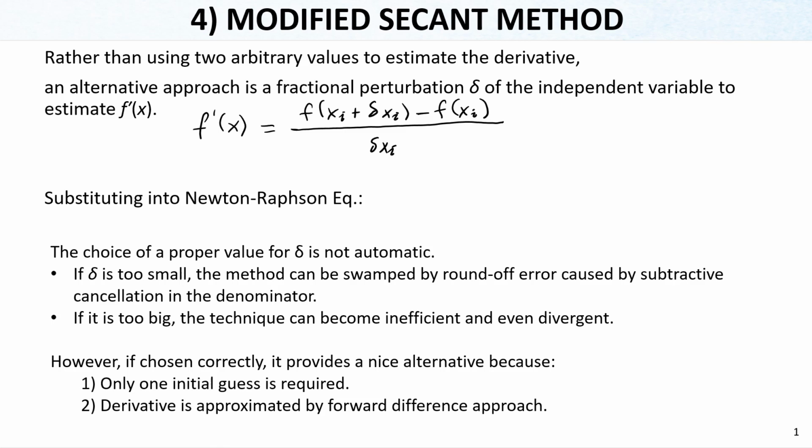And if we substitute this into Newton-Raphson, remember that Newton-Raphson was xi plus 1 equals xi minus f of xi divided by f prime of xi. We just plug this in here.